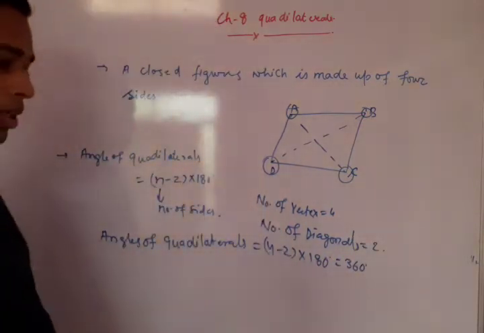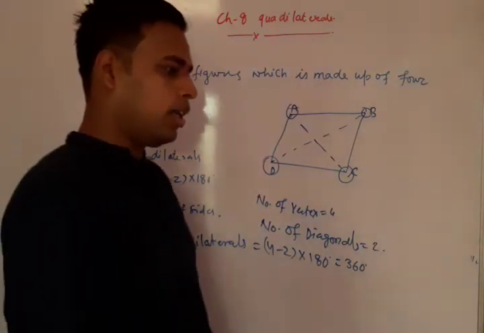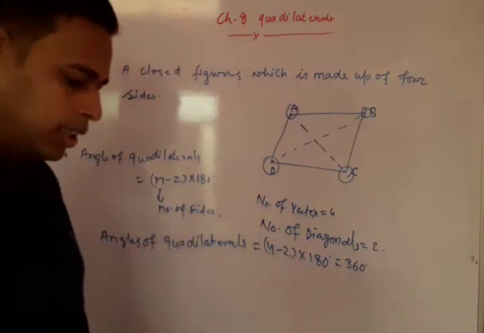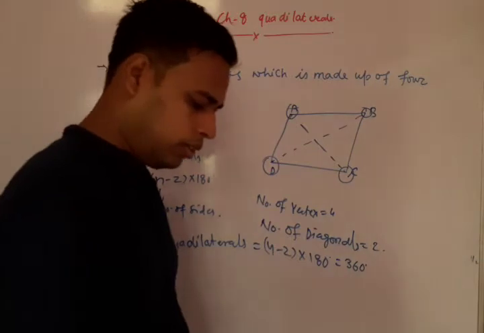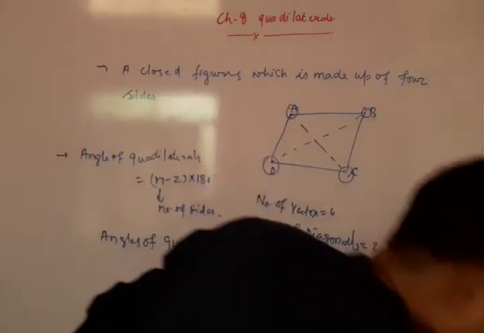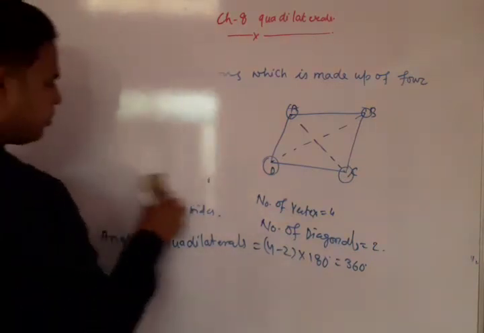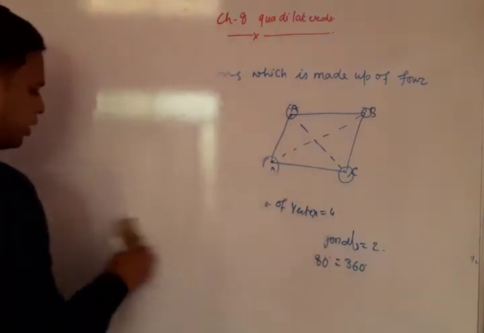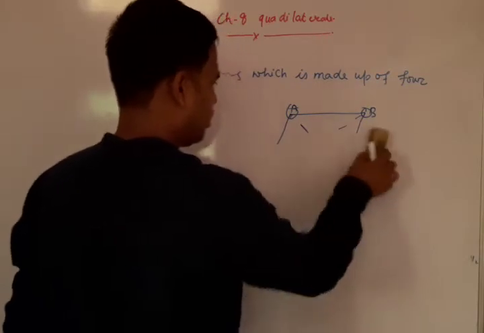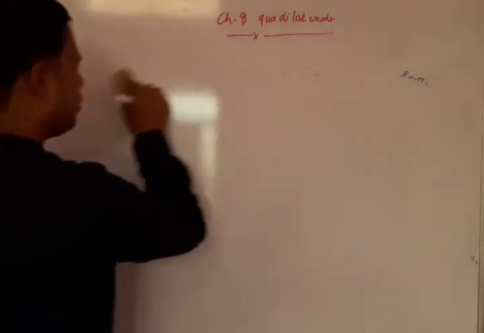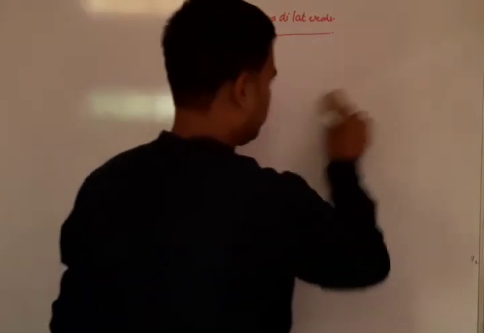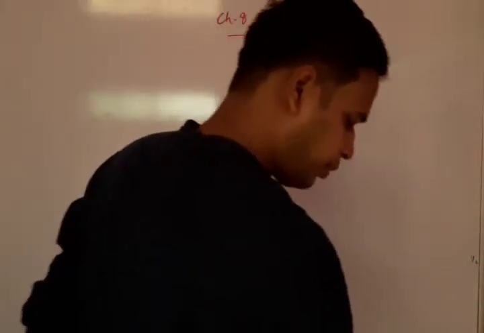Now we will also prove that the angle sum of a quadrilateral is 360. Now let us prove that the angle sum of a quadrilateral is 360. What we are proving? Properties of a quadrilateral.